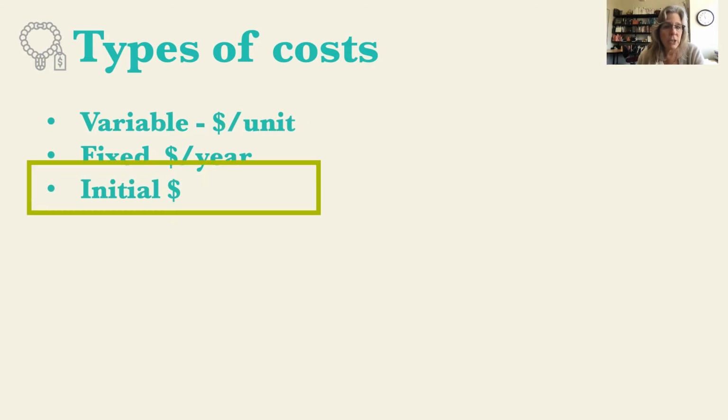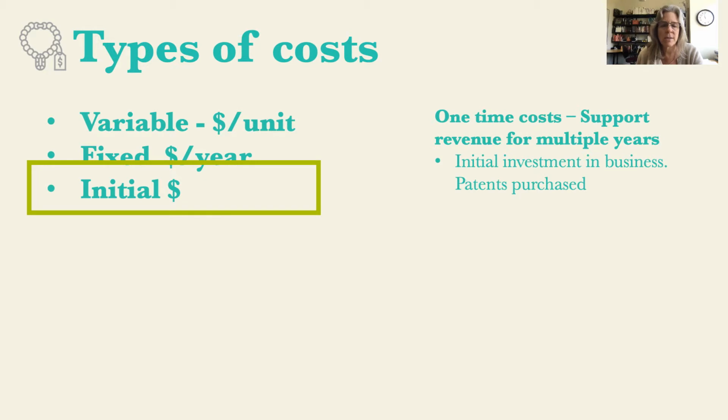The next thing we're going to look at is initial costs. This is actually a form of fixed costs, but it's a one-time cost. These are one-time costs in support of revenue over multiple years. This is often thought of as the initial investment in a business or a practice that you're working on. Something like a patent purchase could also be a one-time cost that supports revenue over time.